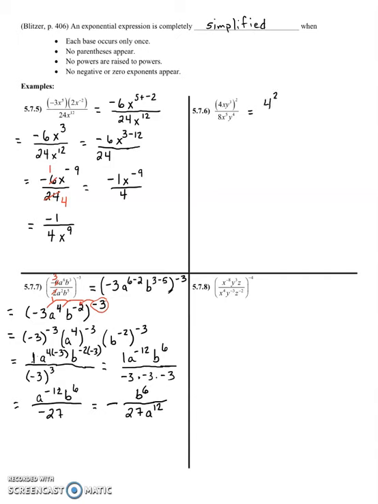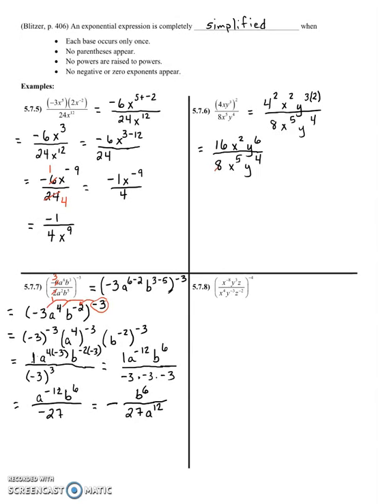So we have 4 squared times x squared times y to the 3 times 2, all over 8 x to the 5th y to the 4th. So 4 squared is 16, x squared, y to the 3 times 2 is 6, over 8 x to the 5th y to the 4th.